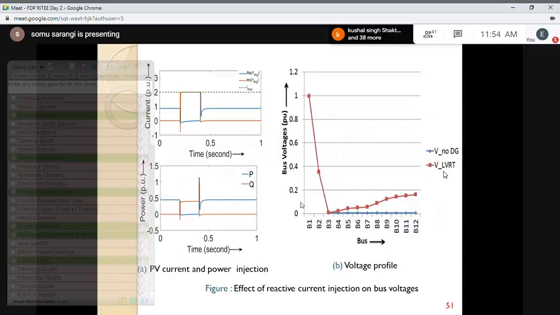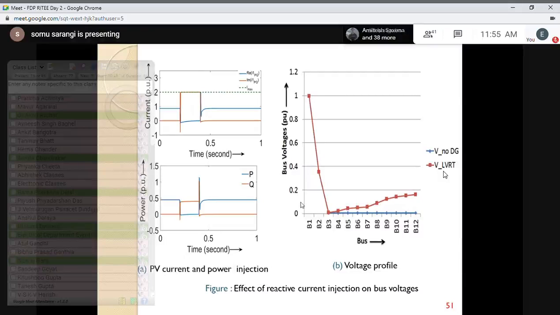So basically, these are the control techniques applicable. You can see the active power and reactive power flow, P and Q, during the PV current and power injection. During the dynamic voltage control mode, the imaginary part of I is increasing to 2 per unit, and at this point the reactive power is supplied and active power is not there.